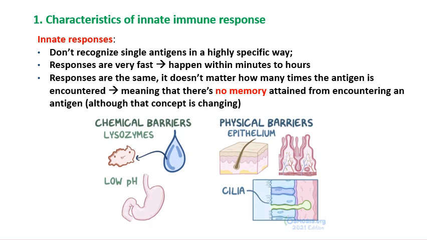So all first line of response. And this is when I tell this story of how much we rely on our innate immune system, right? Because most of the pathogens that get to you, they don't survive. They never pass these first layers of your innate immune system, right?